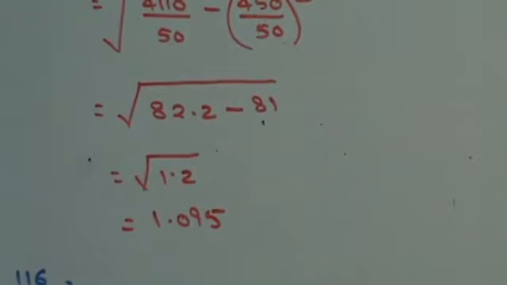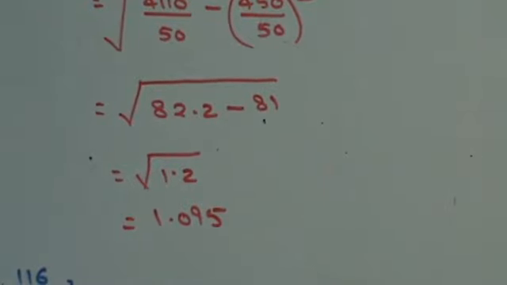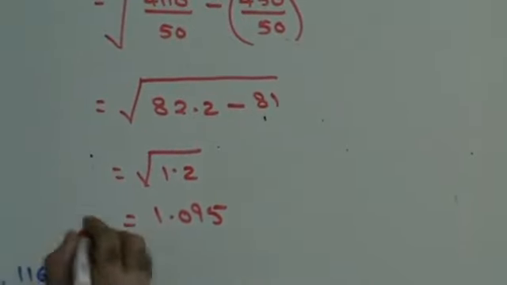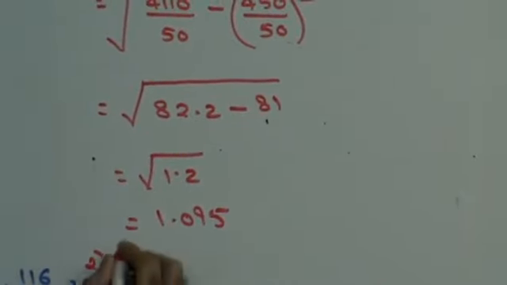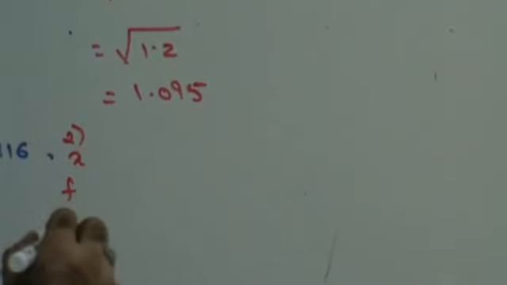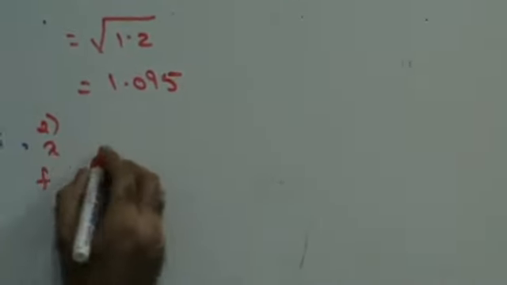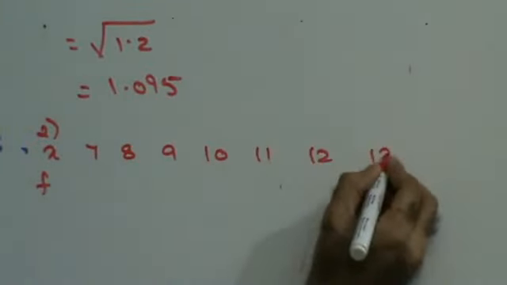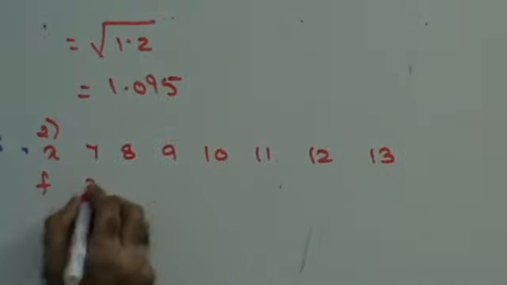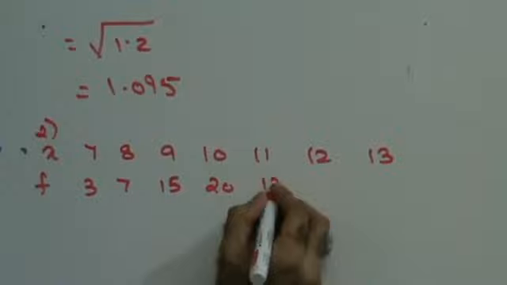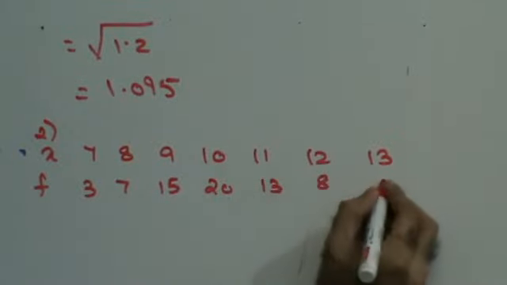Right? Now I'll put up a couple of sums for you to practice. I'll show you one sum of type, and then I'll put up a couple of sums for you all to practice. This is your second type of sum. Find standard deviation. x: 7, 8, 9, 10, 11, 12, 13. f: 3, 7, 15, 20, 13, 8 and 5.